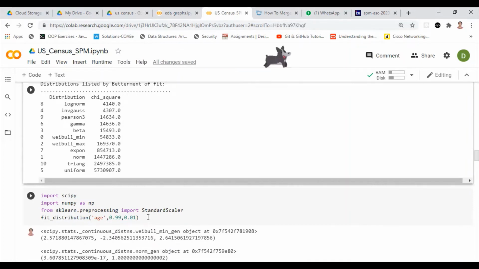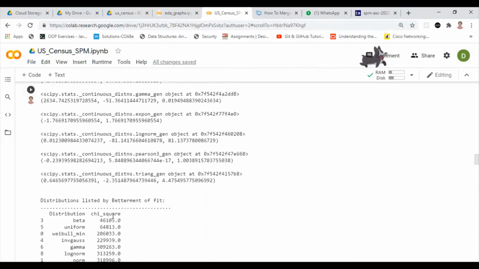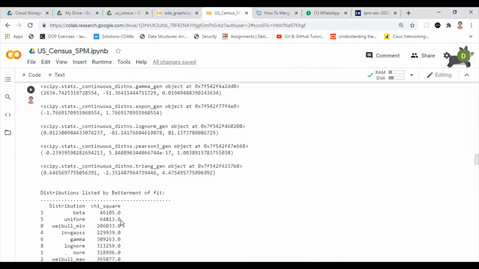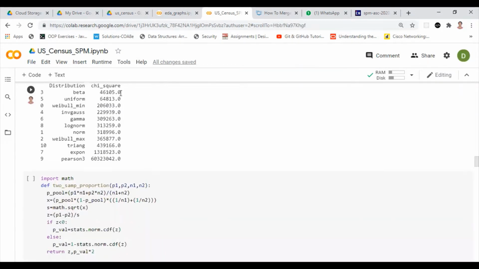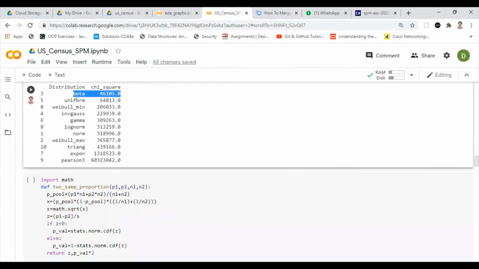Again, with respect to age, it can be seen that the column is most closely related to beta distribution and it significantly deviates from the normal distribution. Hence, it can be said that the attribute doesn't follow normal distribution.